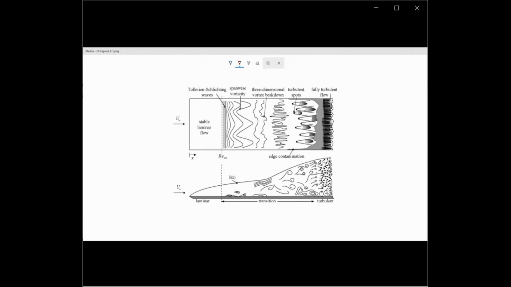Blasius solution for flat plate means zero pressure gradient flow. So along the flow in the streamwise direction on the flat plate, we first assume zero pressure gradient, and then use the reduced equation set, which we obtain after the order of magnitude analysis in boundary layer regions. Basically what we get is the Blasius solution.